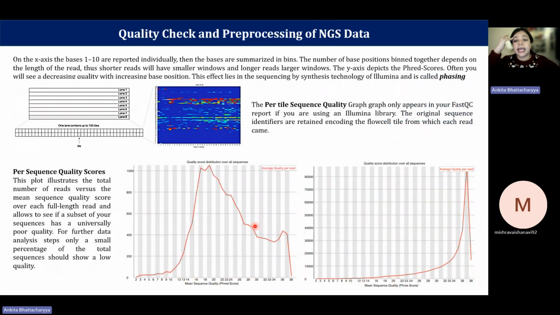Second, we looked at per tile sequence quality, whereby it represents how, for a particular Illumina sequencing reaction within a flow cell, the sequencing for each tile within that flow cell has actually proceeded. If the flow cell itself was defective in some regions, if it had some fault, or the adapters which are ligated in that particular region were not working properly, where the PCR didn't occur properly over those regions, if there wasn't enough template amplification, a number of possibilities exist.